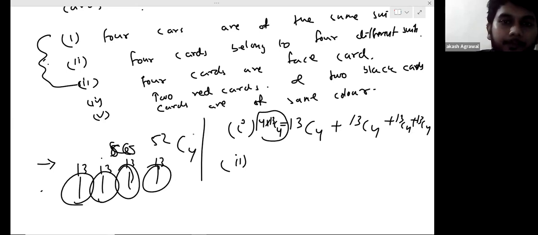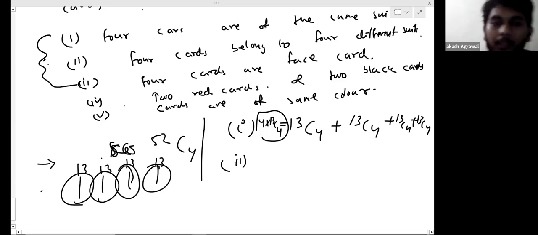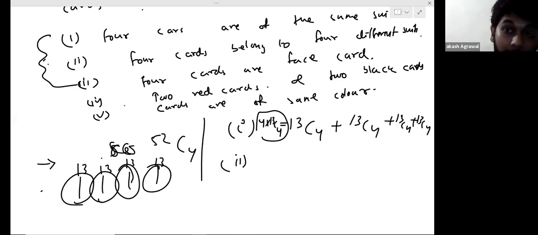Second one, not 13C4, 13C3, 13C2. No. Think about this. If 4 cards belong to 4 different suits, that means how many cards are you choosing from each suit? 1. So 13C1 into 13C1 into 13C1 into 13C1.